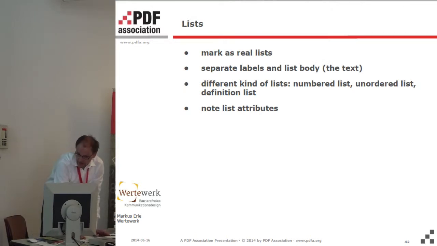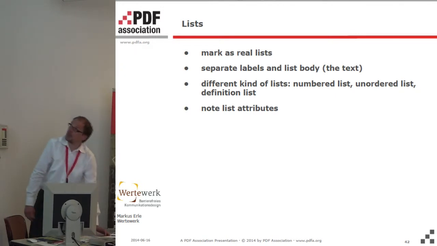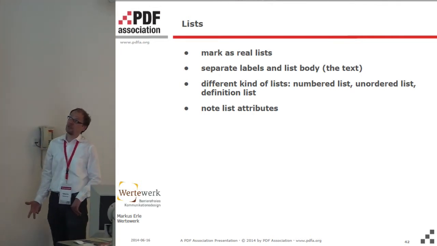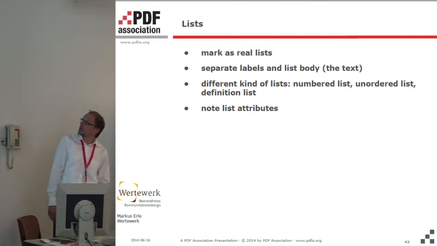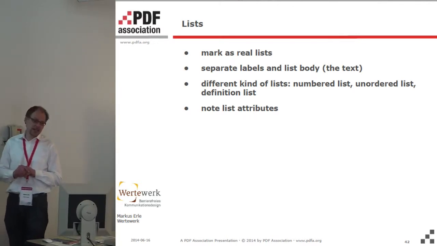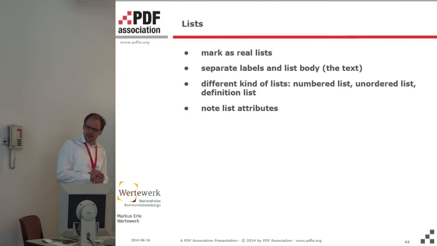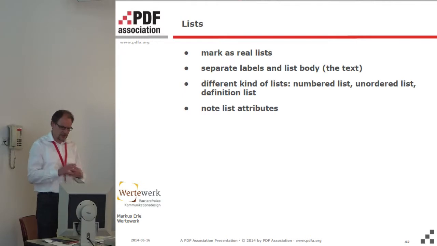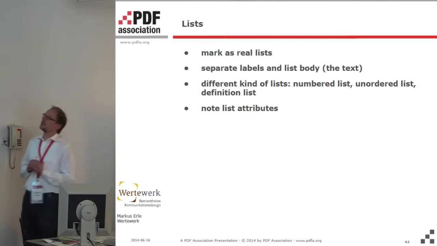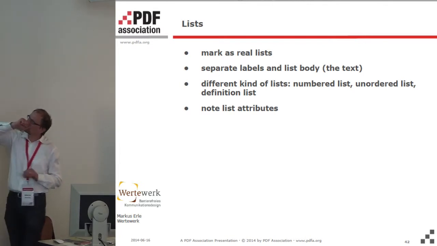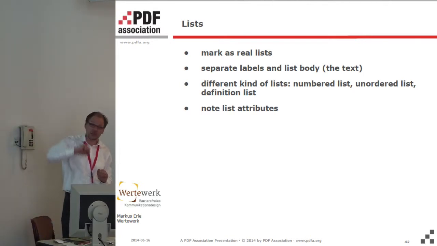Okay, lists. The best way would be if your software, your conversion tool, is able to create lists correctly. If the author has marked them as a real list, a normal list will have labels and list body, the text separated. And there are also some list attributes. But this is not a clear point. You can also use lists without a list attribute.